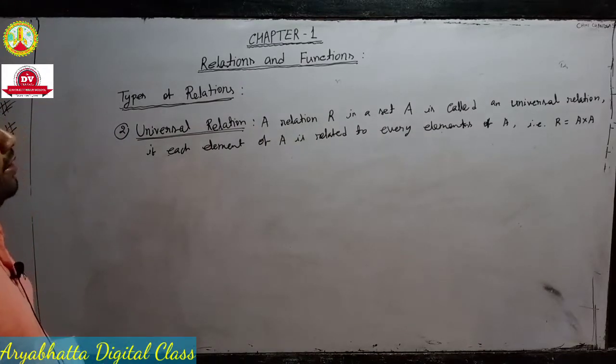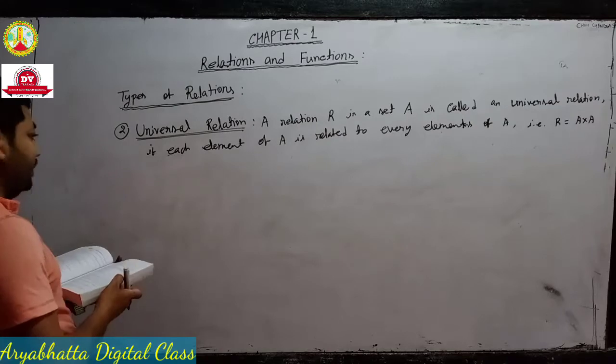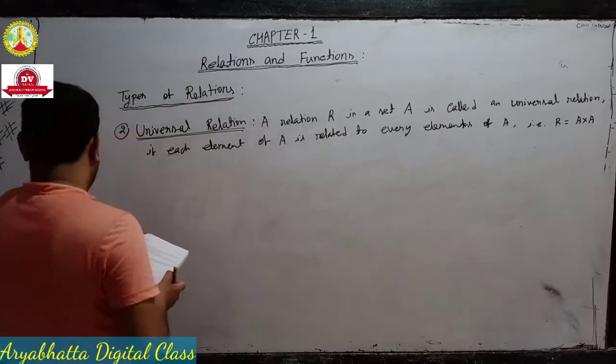A relation R in a set A is called a universal relation if each element of A is related to every element of A, that is, R equal to A cross A.